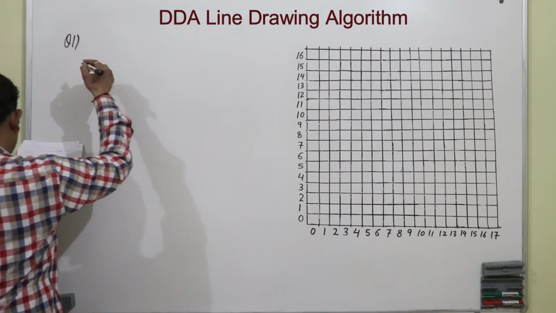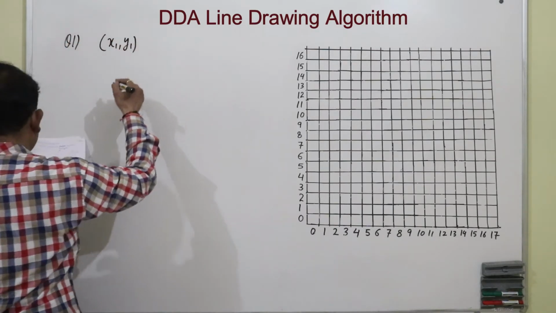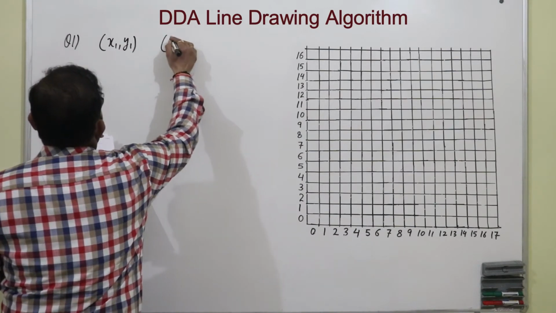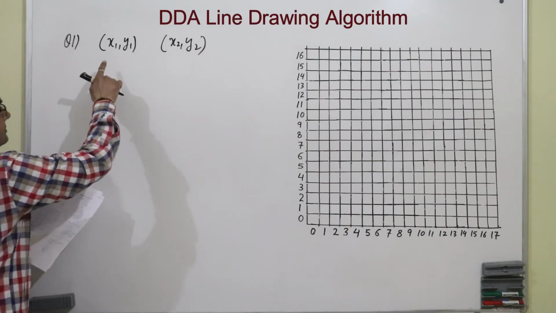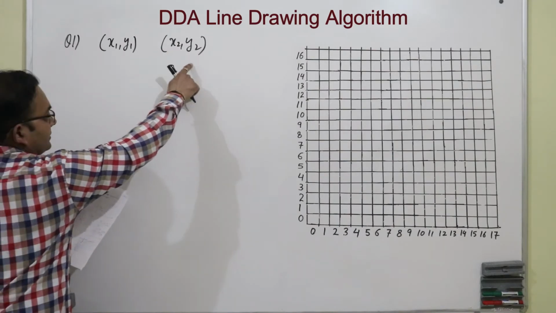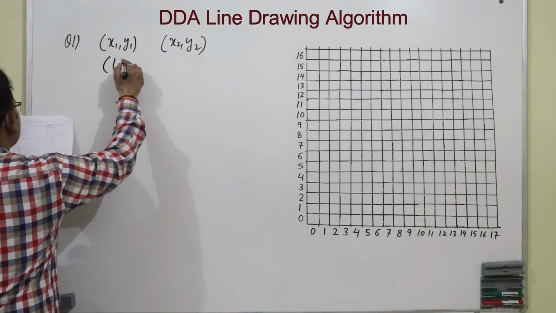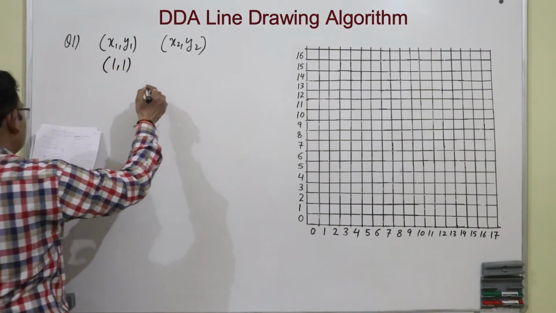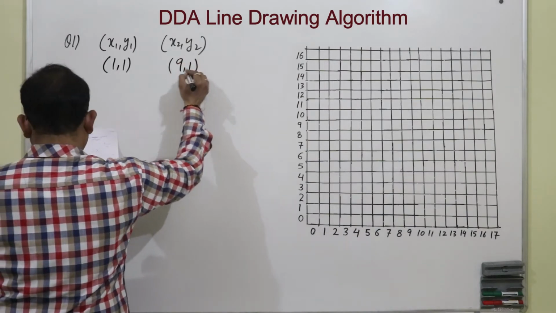Question 1, coordinates x1 comma y1, x2 comma y2. This is initial coordinate, this is last coordinate. It is 1 comma 1, it is 9 comma 1.